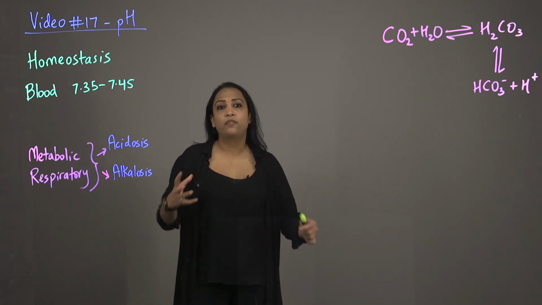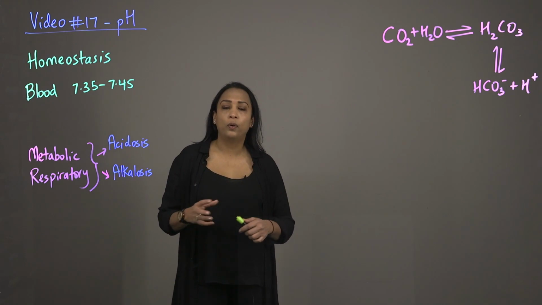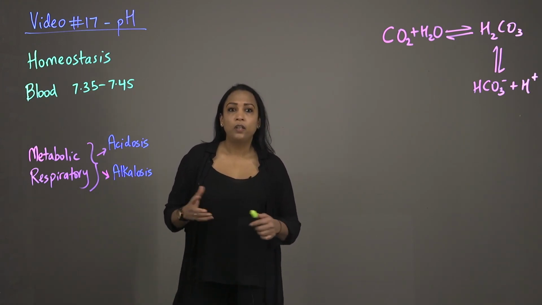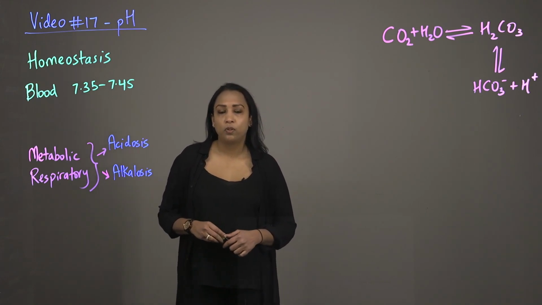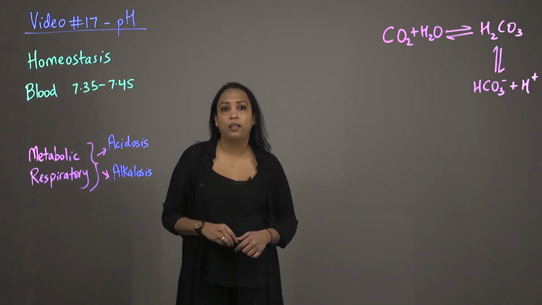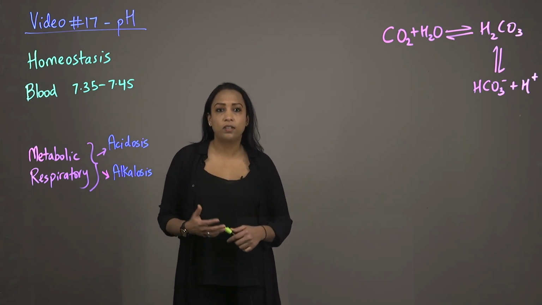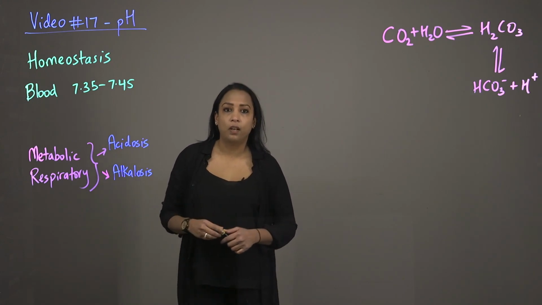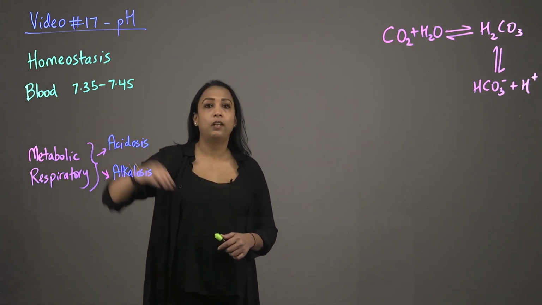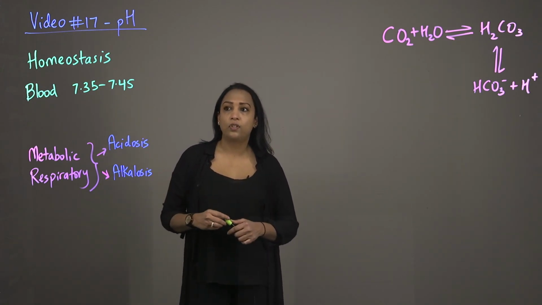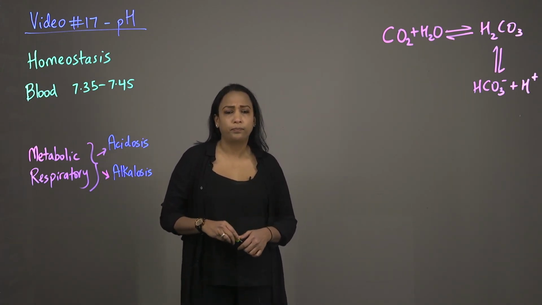So today we want to shift gears a little bit and we want to go into a concept known as pH. So in humans, one way to ensure what we call homeostasis, which is essentially the maintenance of a constant internal environment, involves the maintenance of the pH levels in our blood between 7.35 to 7.45.